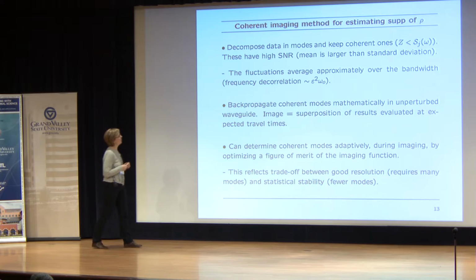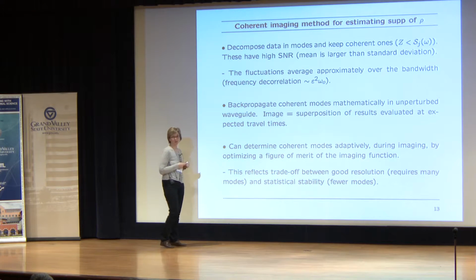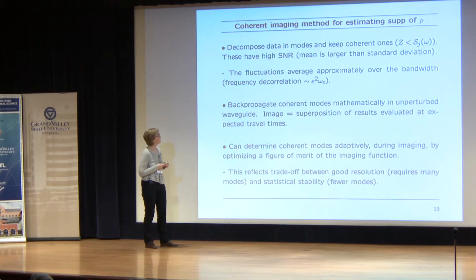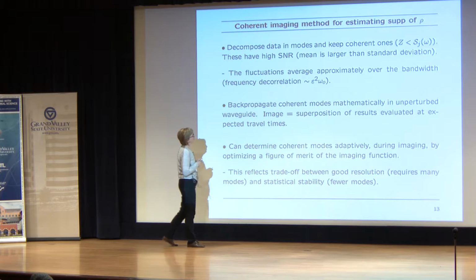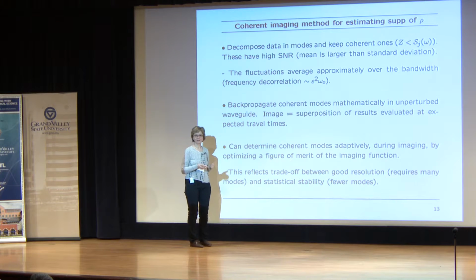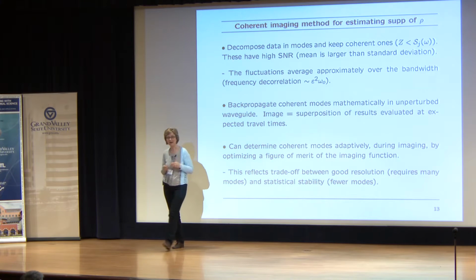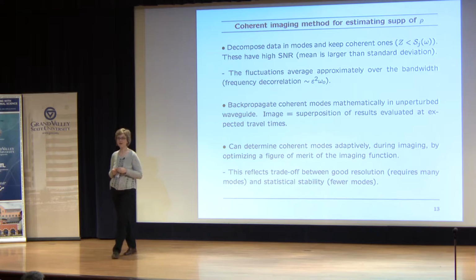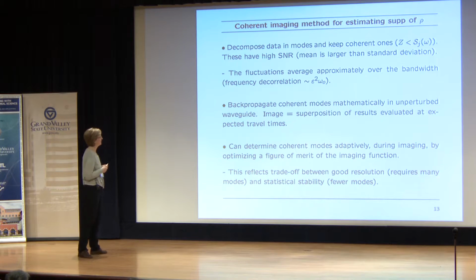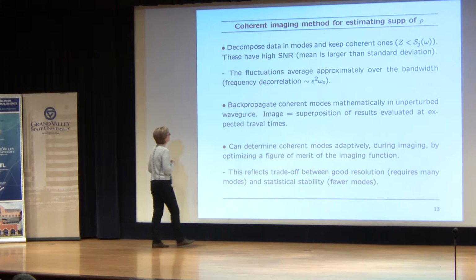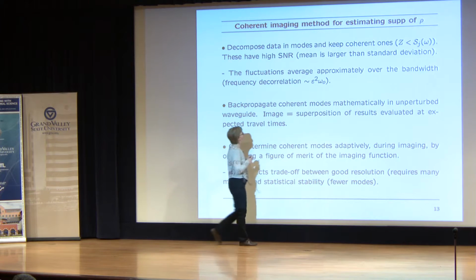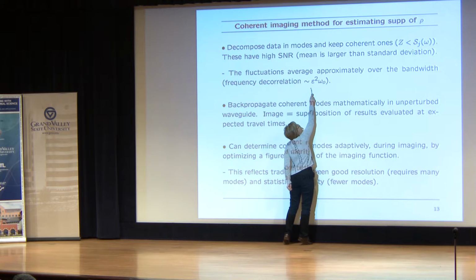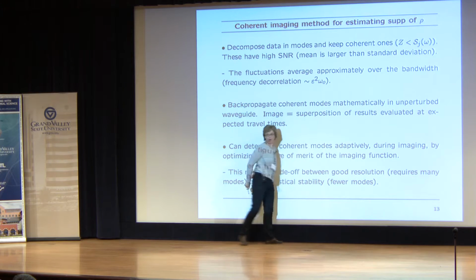Okay, so if we keep only the coherent modes, that is the ones that have large enough mean, then you get something which is statistically stable. Why is that? Because if you look at second moments, and in particular at how the waves decorrelate over the frequencies, that is the decay of second moments of the field and the field computed at a different frequency, you are going to see that the waves decorrelate very fast over frequency intervals of this order.